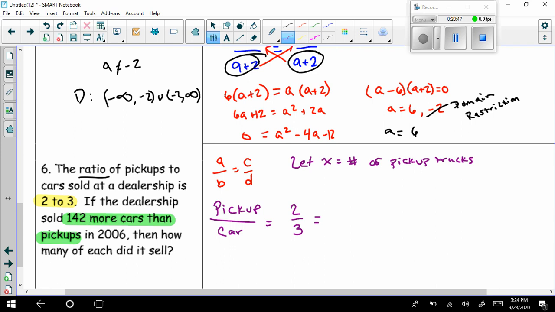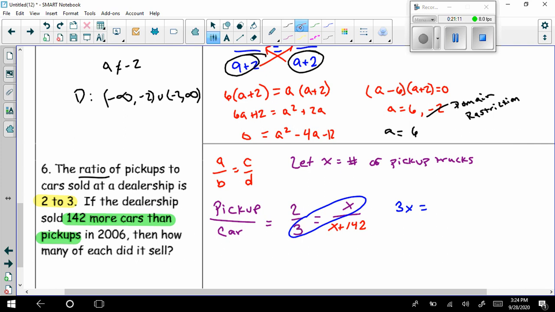And that ratio is where x is the number of pickup trucks and cars is the number of pickup trucks plus 142. Okay, so this gives you your ratio that you can then solve. So we're going to multiply here and we get 3x.